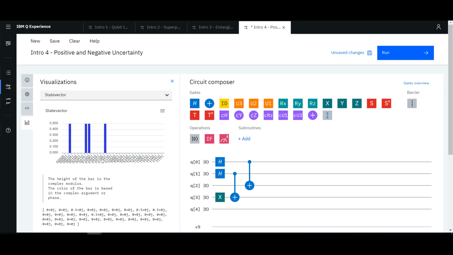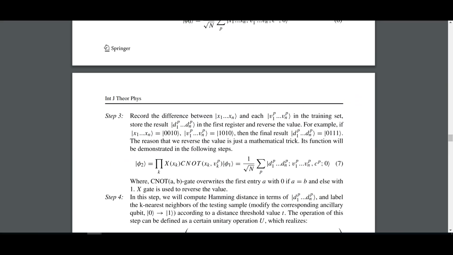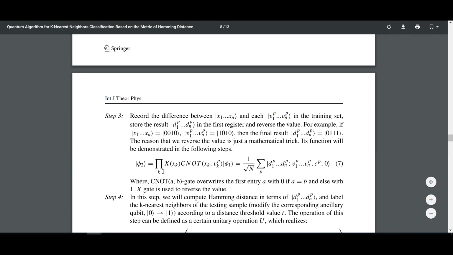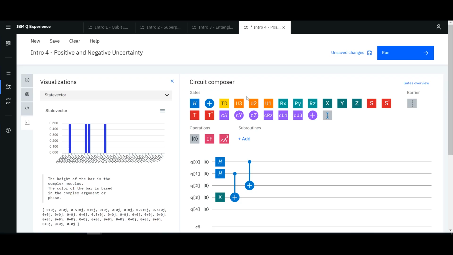Okay. So now we've got here the result of this minus each of the elements of the superposition. And then say that then we negate that, and it's supposed to be a trick.